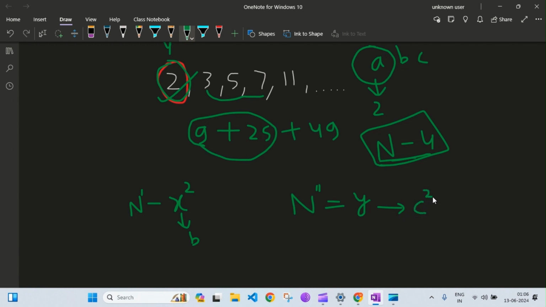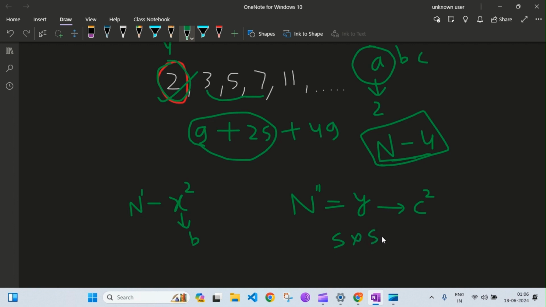Now how do we check if it is a perfect square of a prime number? We find the square root of it. Let's say it is s, that is c, and now we compute s into s.